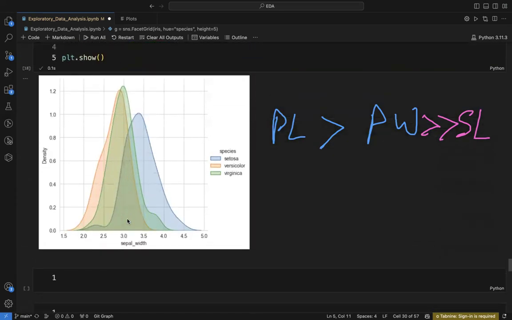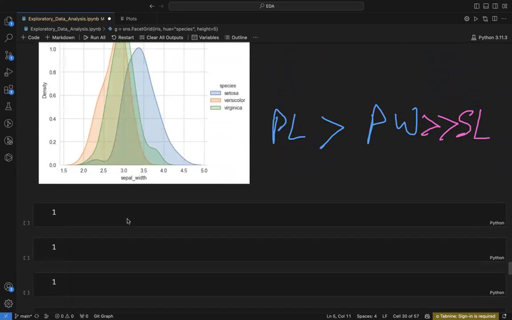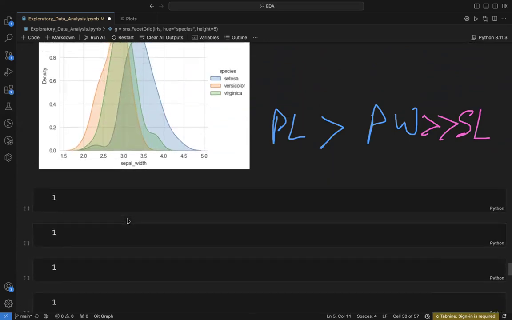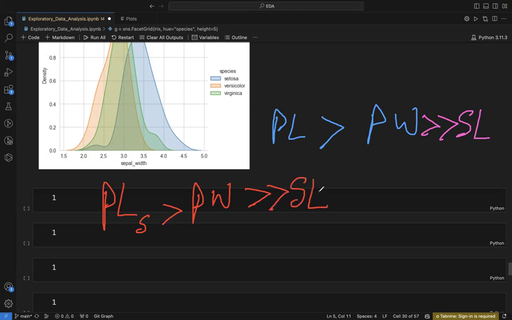So just by looking at these 4 histograms or PDFs, I can conclude that my petal length is slightly better than my petal width. My petal width is much better than my sepal length. And this sepal length is much better than my sepal width.